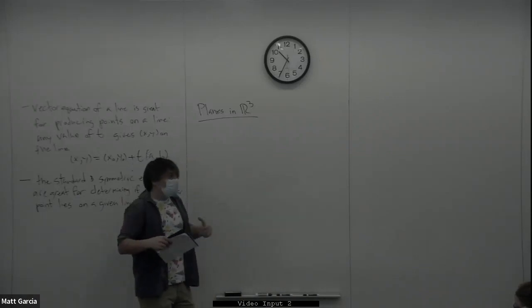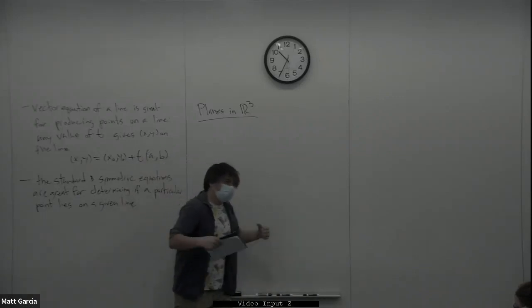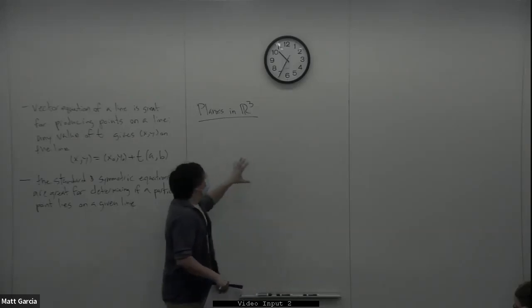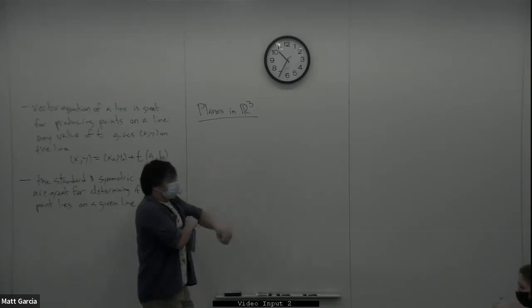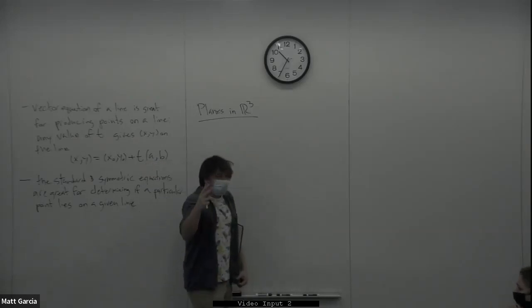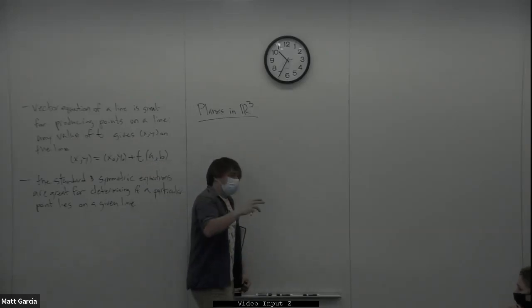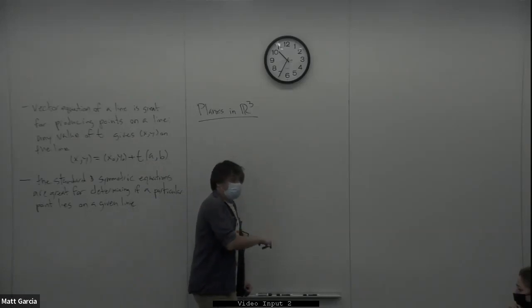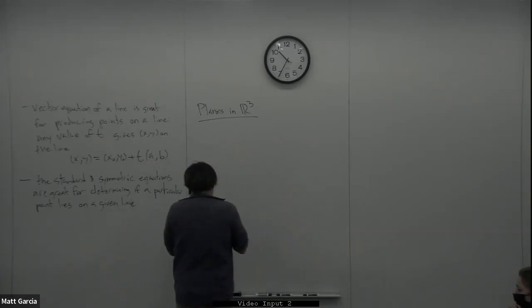Right? And then we'll go a little deeper and talk about lines as well. But the natural linear thing for Rn are the objects of dimension n minus 1. Okay. All right.